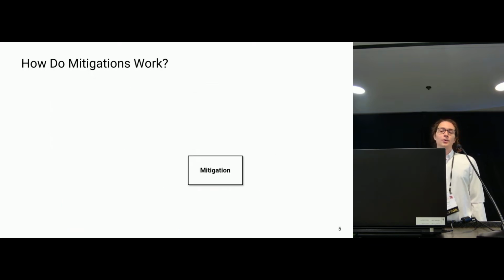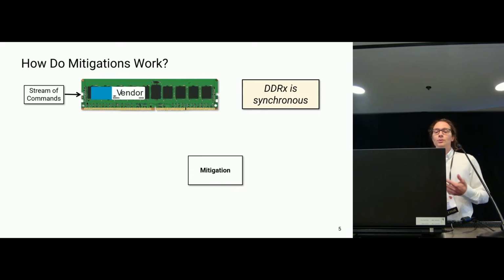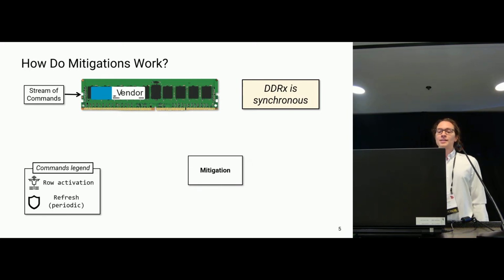How do mitigations work? Well, first of all, DDR is a synchronous protocol, which means that there is a stream of commands that is sent to a device, and the device has to respect it. And the commands we are interested in are, of course, row activation and the refresh. Now, the refresh is a periodic command that is necessary for the device to work correctly.